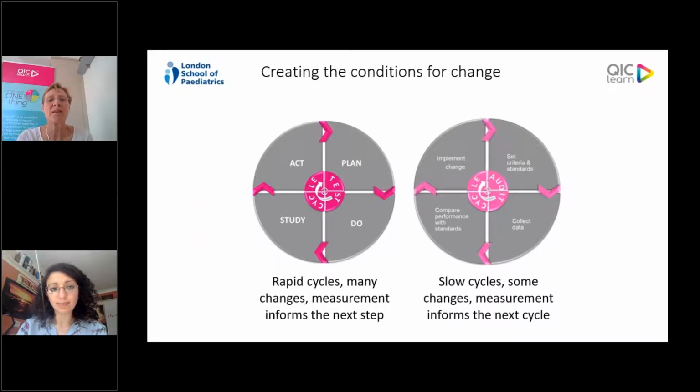And so one of the things you can think about is using the model for improvement, using the PDSA part here, to drive change. And that's not about doing one PDSA cycle. That's about doing many PDSA cycles to work out what the change really should be that's going to work. And I'll say a bit more about that in just a moment.